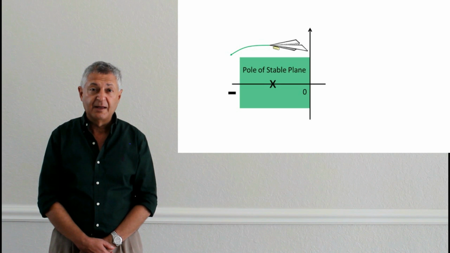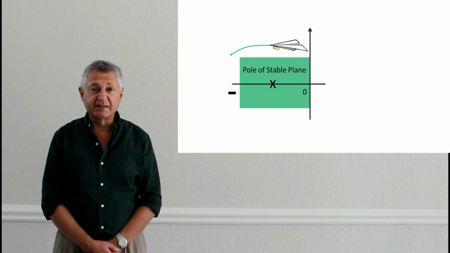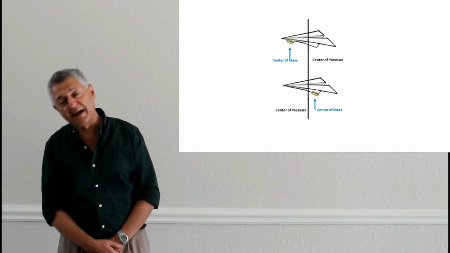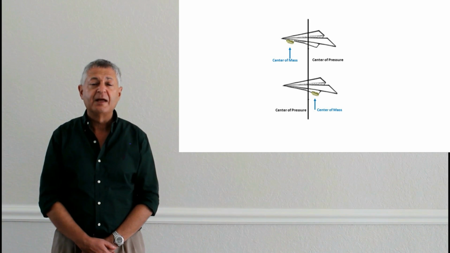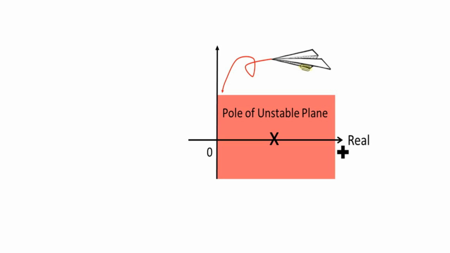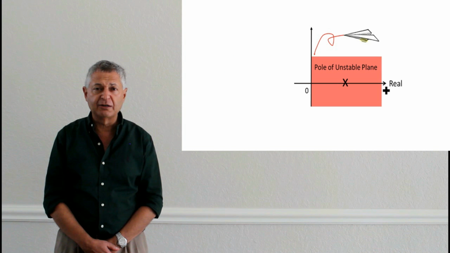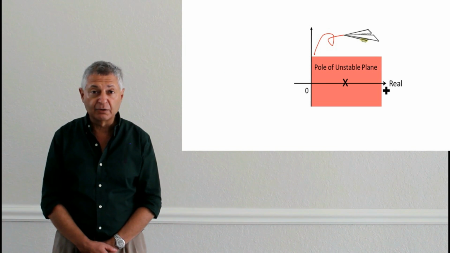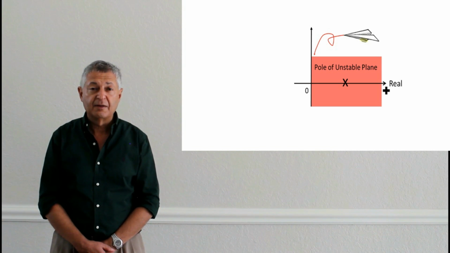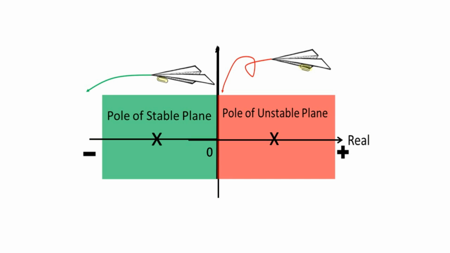On the other hand, with the second airplane, where the center of mass was behind the center of pressure, the system was unstable because it has at least one pole in the right-hand side of the S-plane, in the red part of the S-plane. This is the idea behind BIBO stability and how to relate it to our experiments we have just done.